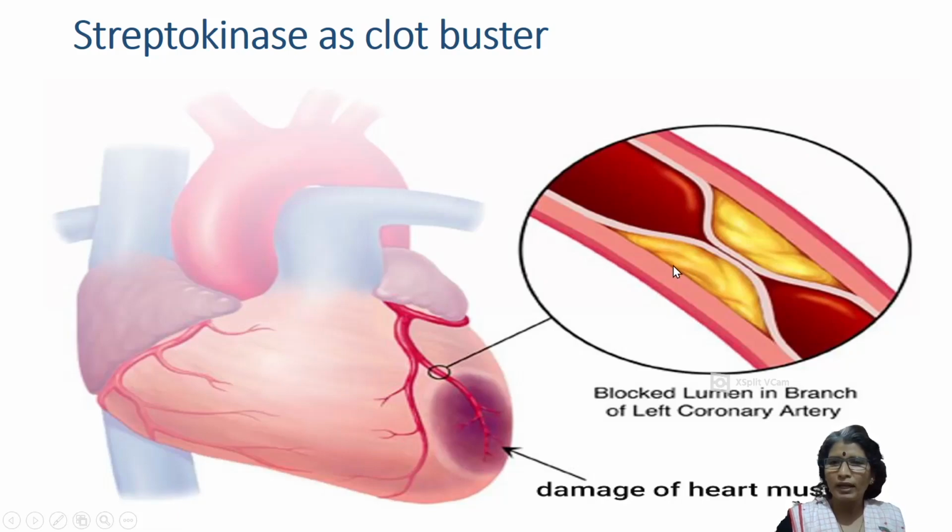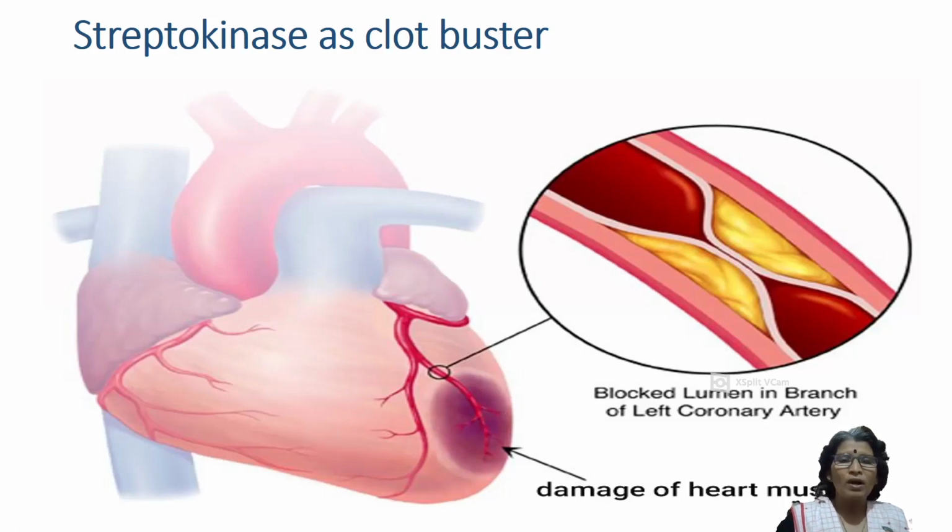But here what happened? Due to deposition of bad cholesterol, a clot is formed. This clot is obstructing the blood flow. So immediately blood flow is stopped to the heart muscle, and due to the stopping of blood supply, the heart muscle is damaged. At that time, the person gets a heart attack. So immediately we have to take the heart patient to the hospital.